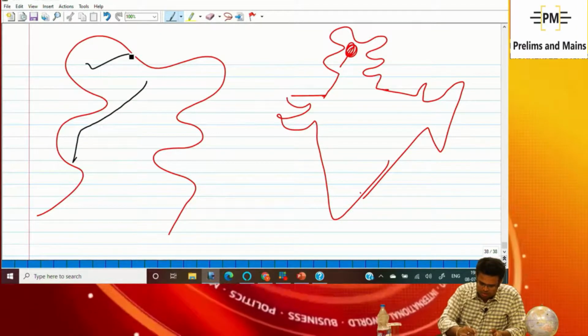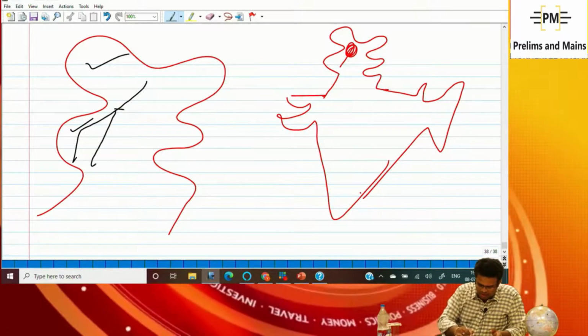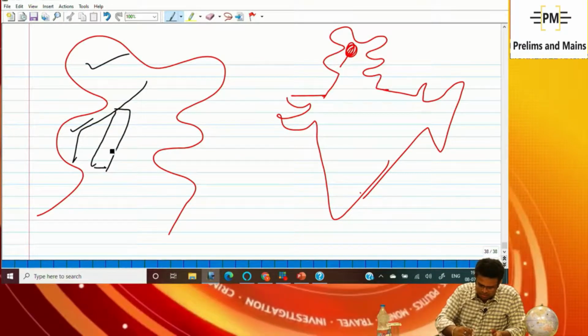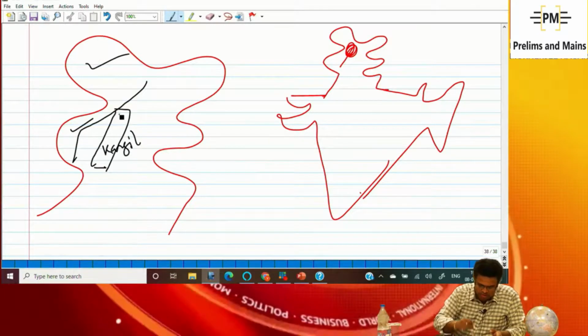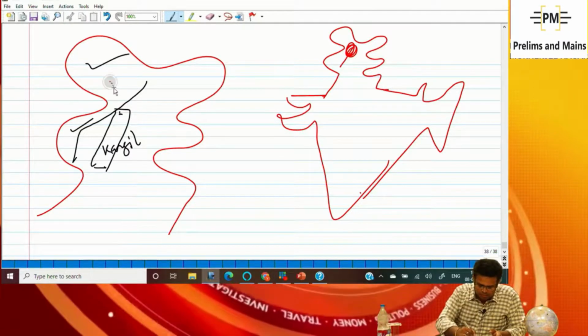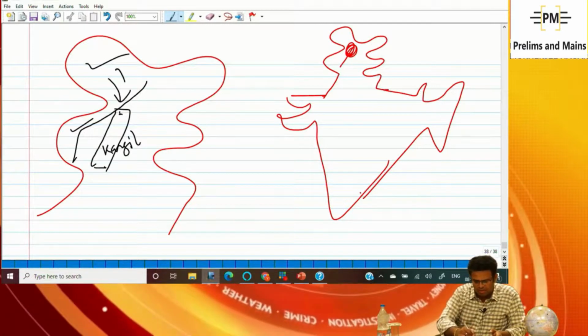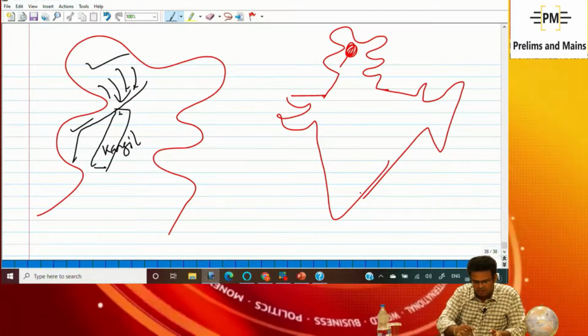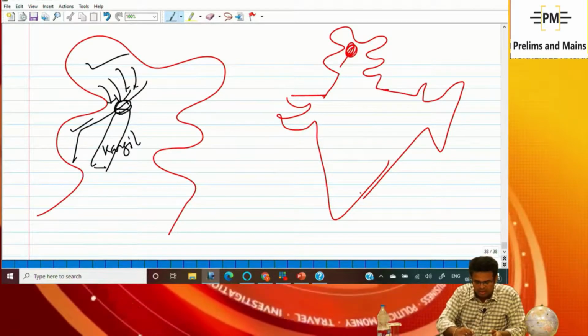This region is Pak-occupied Kashmir, and here we have the Kargil district in Jammu and Kashmir. From this region infiltration is taking place. Terrorists and the Pakistani army are entering from here, and the fight is taking place here.